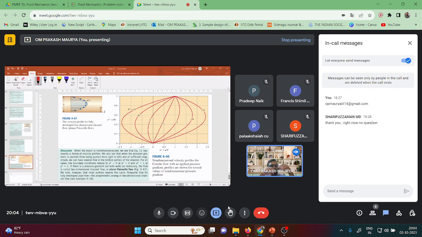I think it is just from the representation point of view, how we represent these things. So the friction head was indicating the friction loss in the pipe.